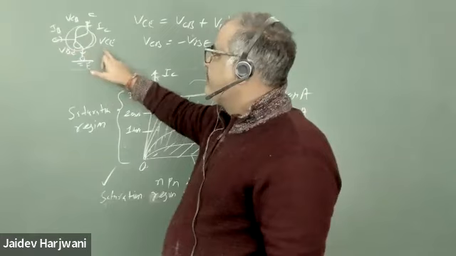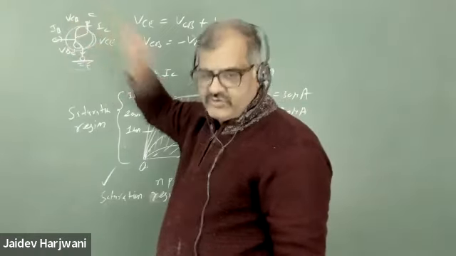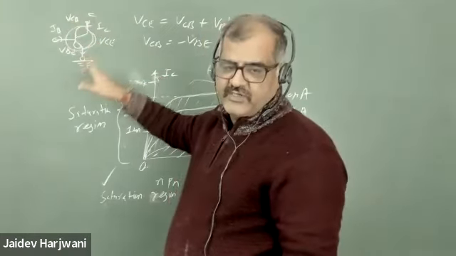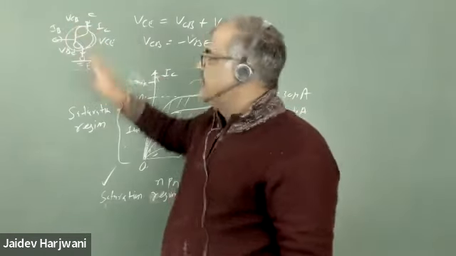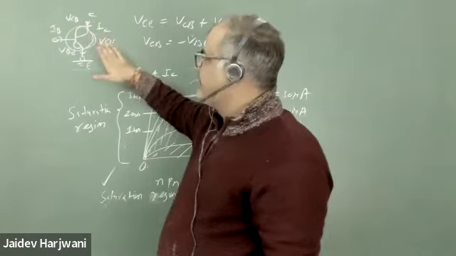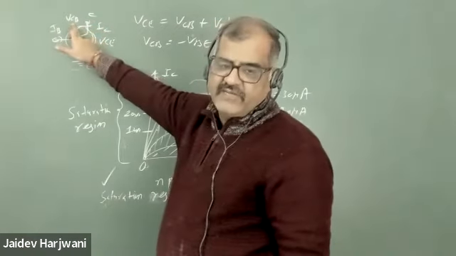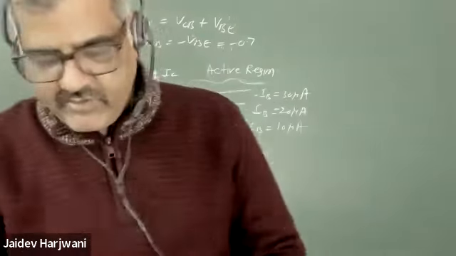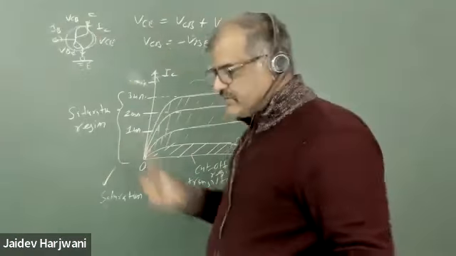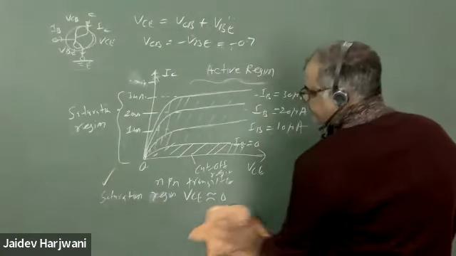So we have to check. We want VCB to be positive here, because it is an NPN transistor. So VC should be such that VCB is positive. If VC is too low, then VCB will become negative. That will give you forward biasing, and so it will go into the saturation region. We'll do some problems, then you'll understand.